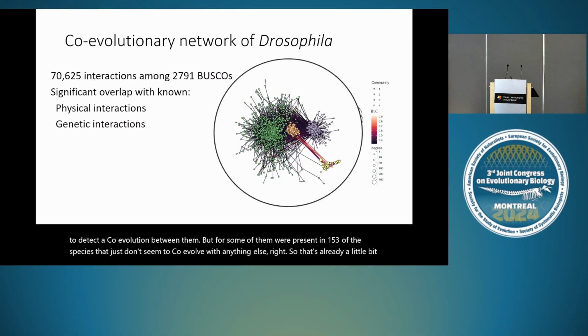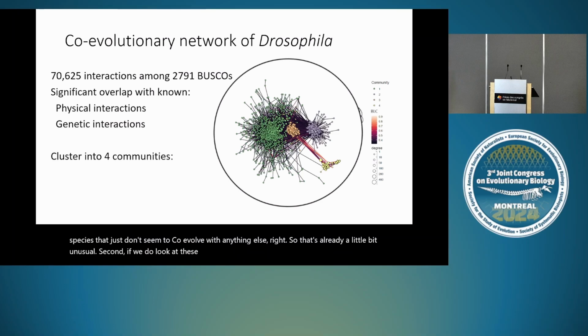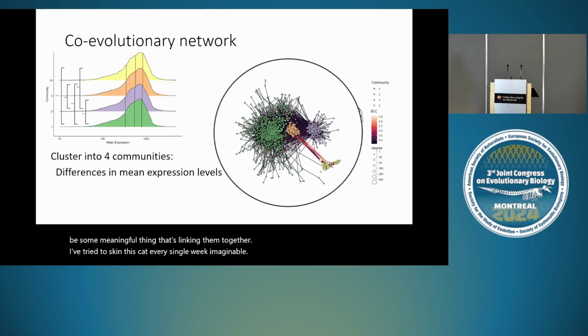Second, if we look at these 4 communities, all of us biologists see things clustering together and go, there has to be some meaningful thing that's linking them together. I've tried to skin this cat every single way imaginable. They do differ in terms of their single-cell RNA expression profiles. On average, clusters 3 and 4 are expressed slightly more highly across a wide array of tissues than either 1 or 2.